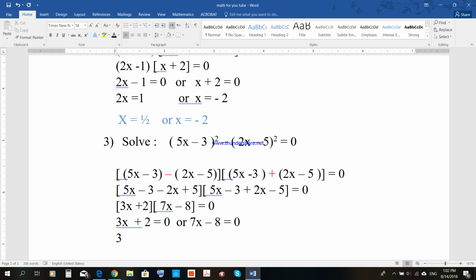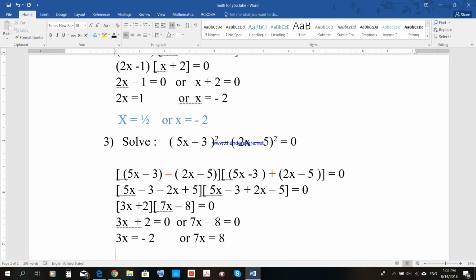Now 3x: we take plus 2 to the right side, it becomes minus 2. Or the second equation, 7x equal 8. We change the sign of 8 because we take it to the right side of the equal.